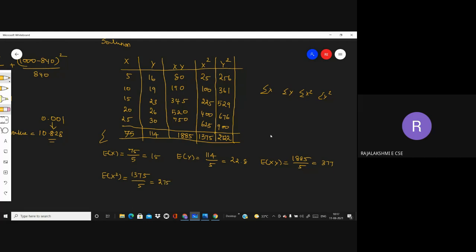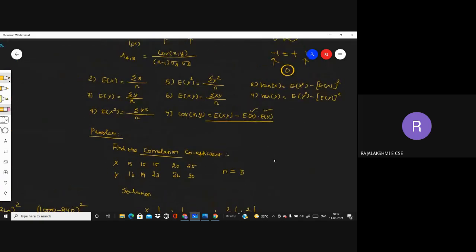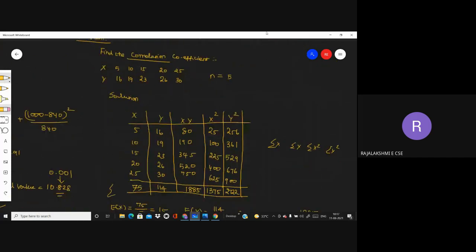Okay. What is E of y square? 544.4. Okay, thank you. Good. Now I'm going to calculate the covariance of x comma y. What is the formula? See the formula: E of xy minus E of x into E of y. That's the formula.